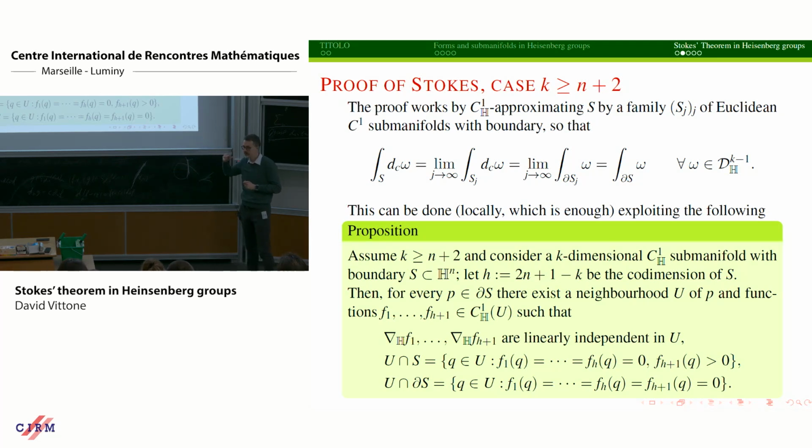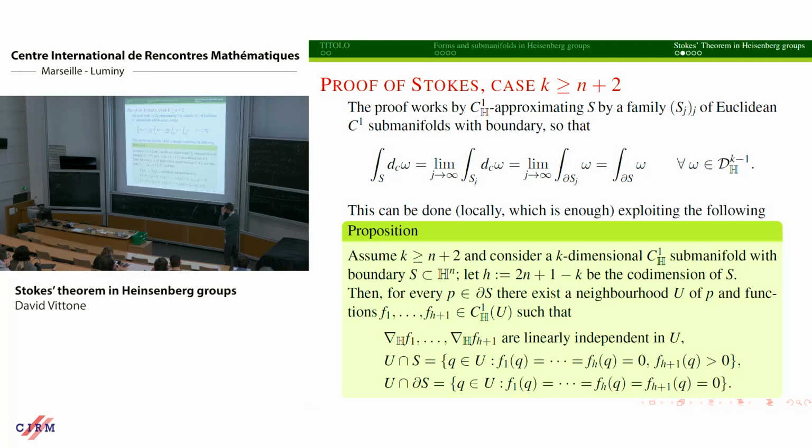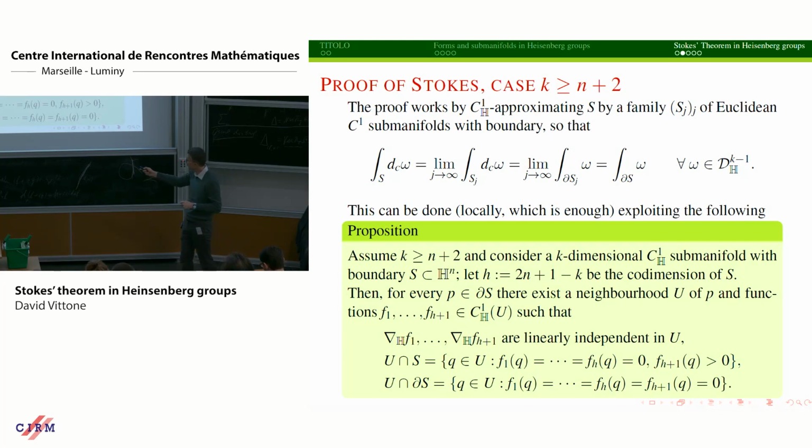Remember in the definition of submanifold with boundary, these conditions define S prime. This further condition defines one portion, one component of S prime, which will be S, which is separated from the other component by the zero set of f_{h+1}. And this is an equivalent definition of being a C1H submanifold with boundary, at least in this case, even though the proposition shows you only one implication.